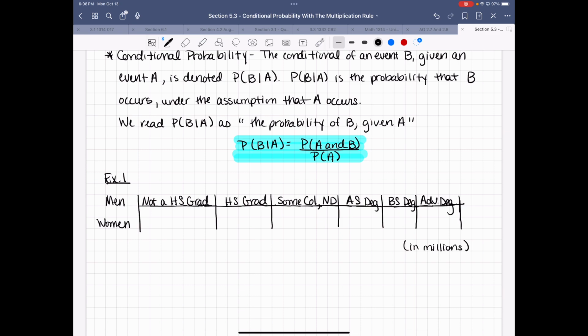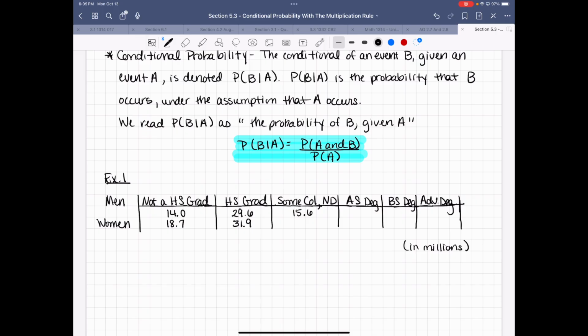So the number of men that are not high school graduates is 14.0, and that's 14 million, okay, because it's denoted in millions. Women is 18.7. High school graduates that are men are 29.6. Those that are women are 31.9. Some college, 15.6 with no degree. So they took some college at a local university, local junior college, but they didn't finish.